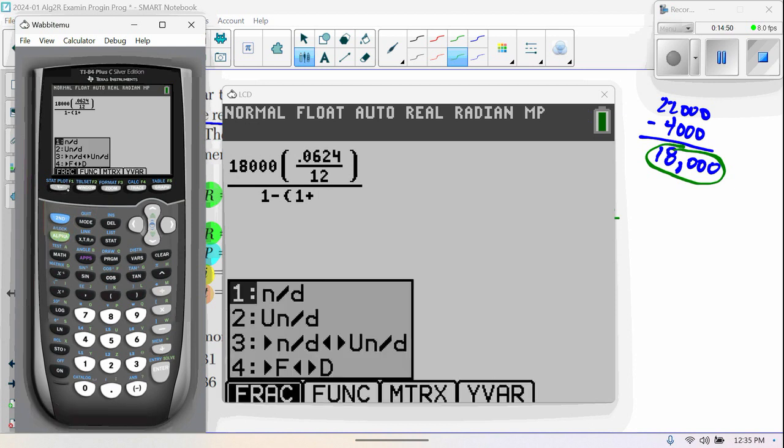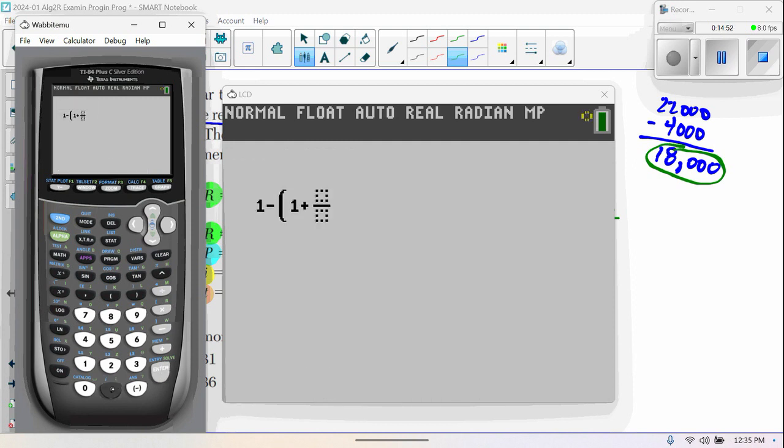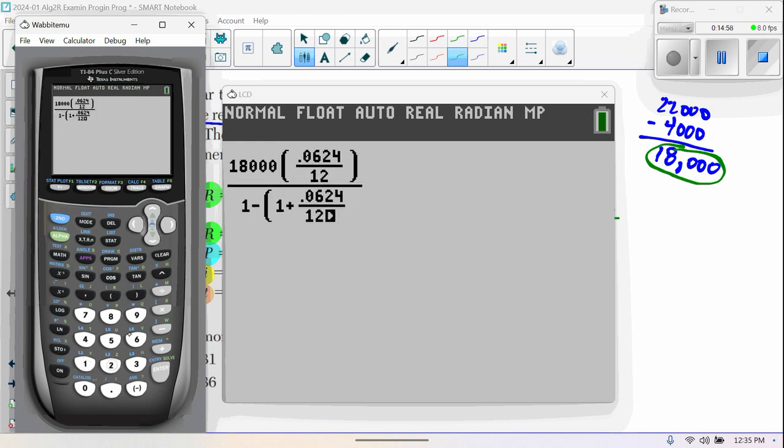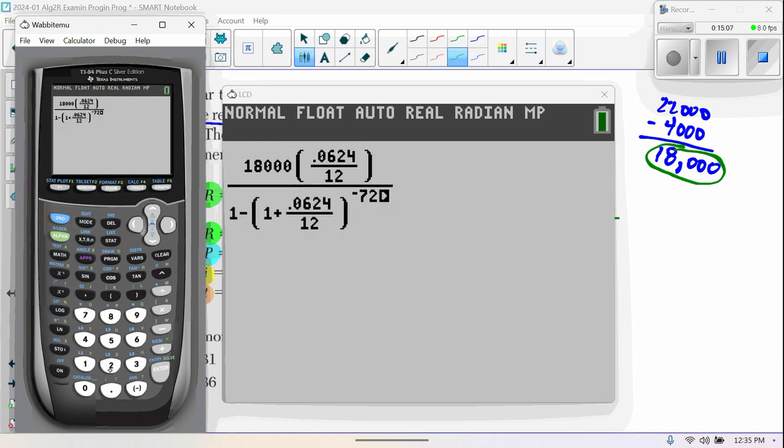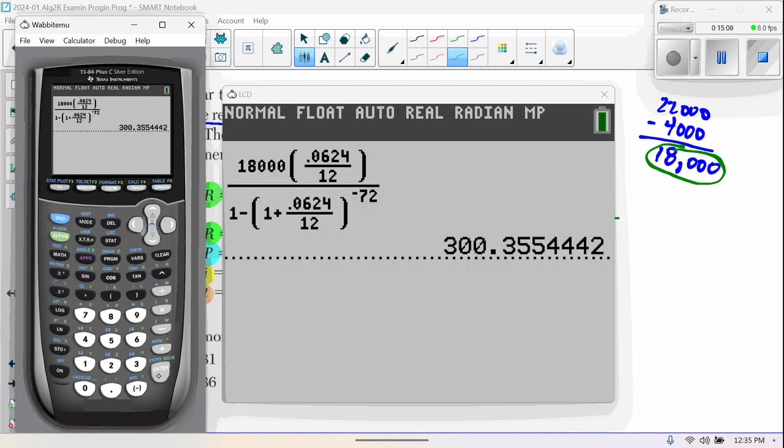It's another fraction. You can put fractions in fractions. Of course you can. But we're not going to go crazy. We're going to raise that to the negative. Don't hit the minus sign, hit the negative. 72 for 72 months. $300, and we'll round that up to 36 cents.